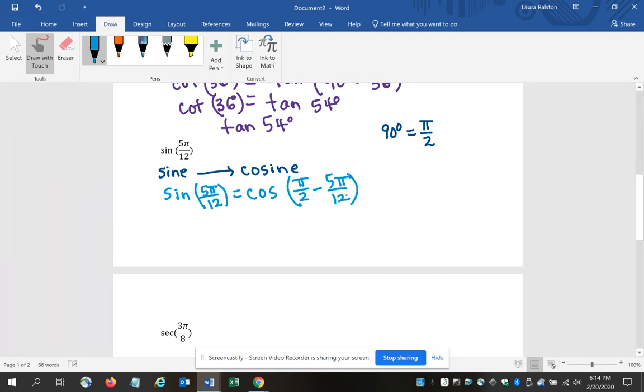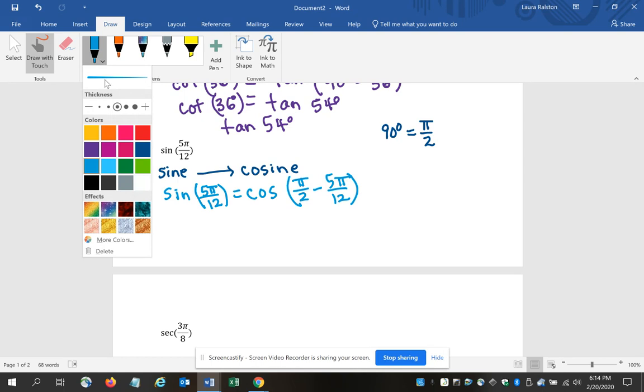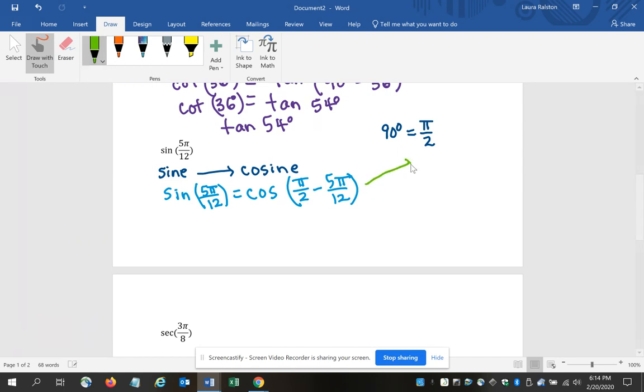And here's where it may get a little challenging for you, because in order to subtract pi halves and 5 pi twelfths, since they're fractions, you do have to have a common denominator. So I'm going to go off over here to the side for a minute and do this scratch work. My common denominator for pi halves and 5 pi twelfths is going to be 12. 2 times 6 would give me 12, so I need to multiply by 6.